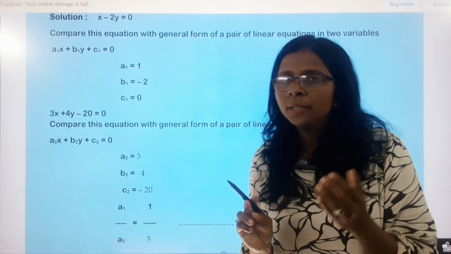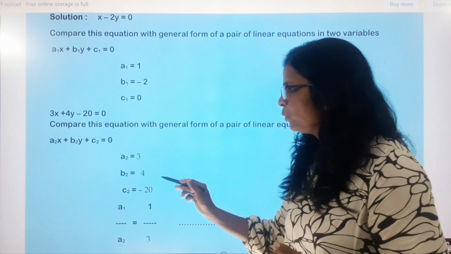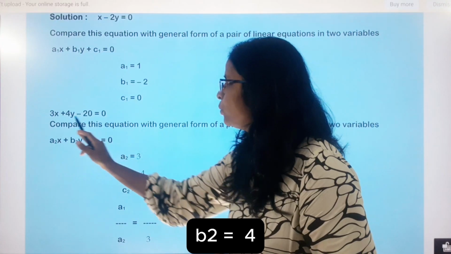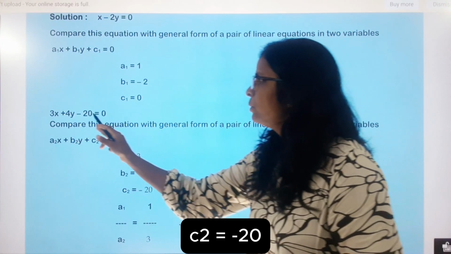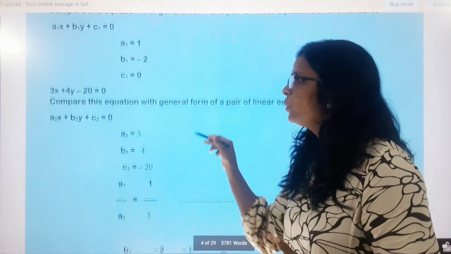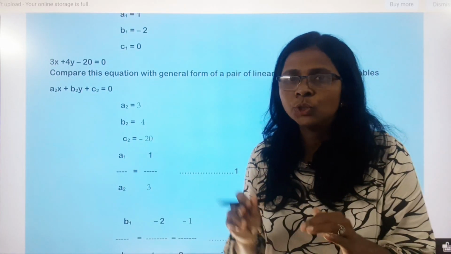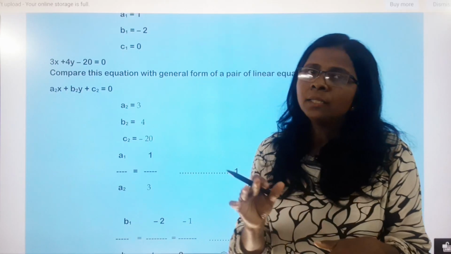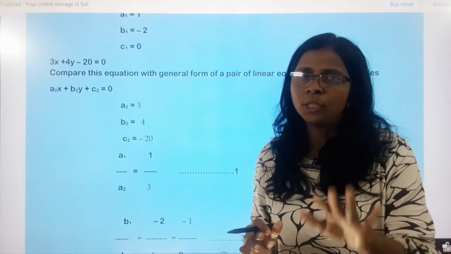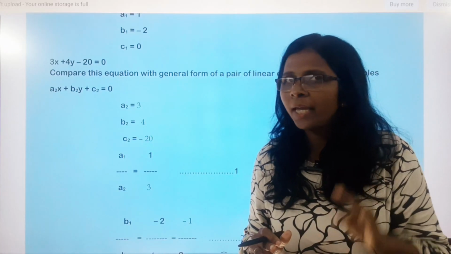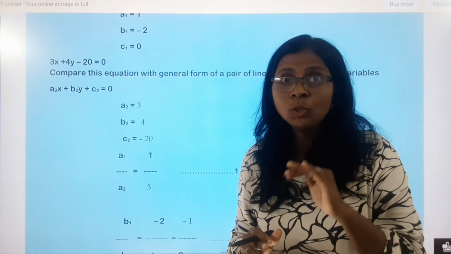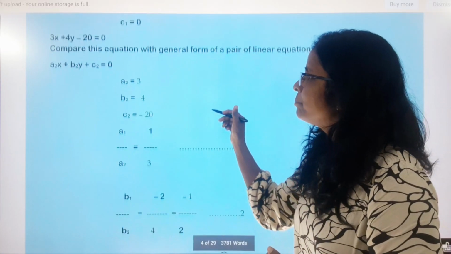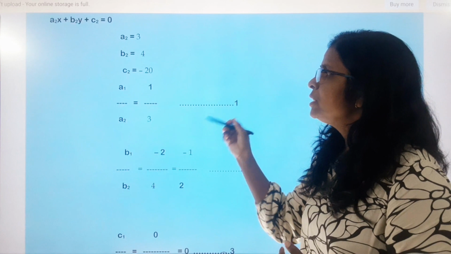Then we will get the values of a2, b2 and c2. a2 is equal to 3, b2 is equal to 4, c2 is equal to minus 20. Okay, so now after getting these values, we can find out the ratios a1 by a2, b1 by b2 and c1 by c2. Then let us take out these ratios.